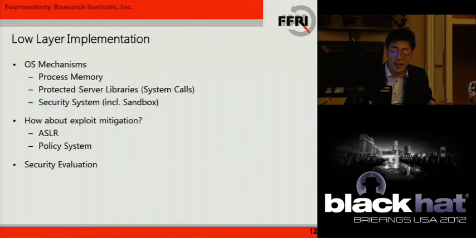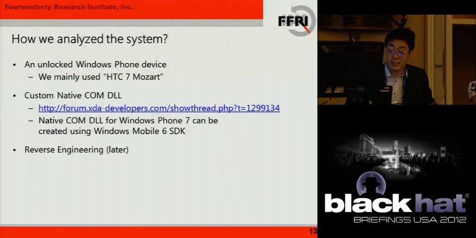Well, I used an unlocked Windows Phone device. Mainly, I used an HTC 7 Mozart, and I used undocumented features to run native code. So I made a custom DLL to analyze the system. Interestingly, a native DLL for Windows Phone 7 can be created using the SDK for Windows Mobile 6. And, of course, I used reverse engineering techniques. I will talk about reverse engineering later. It's fun.